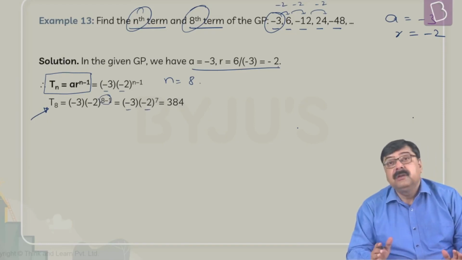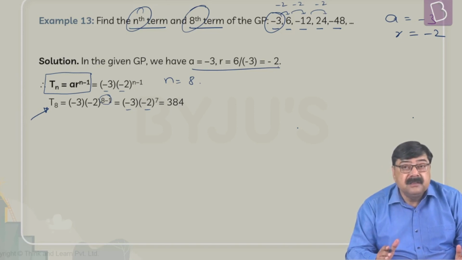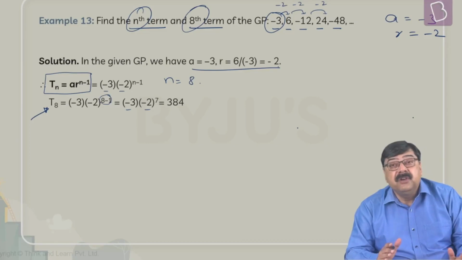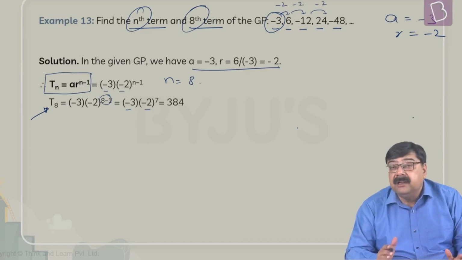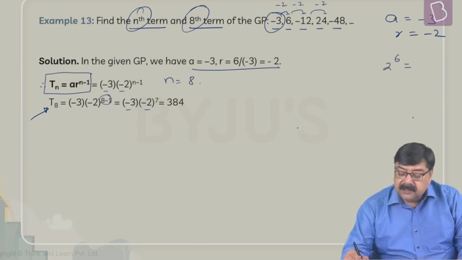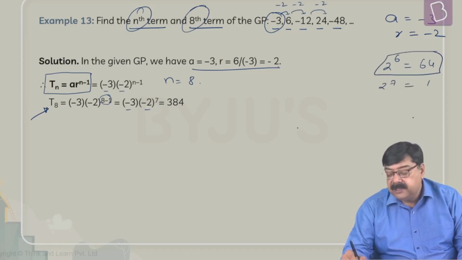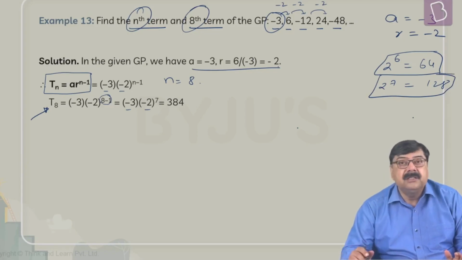Now you should remember the values of exponents of 2, where the powers vary from 1 to 10. So 2 power 6 is 64, that you must remember. So 2 power 7 anyhow is double of this, that is 128, in case you don't remember what is 2 power 7 separately.